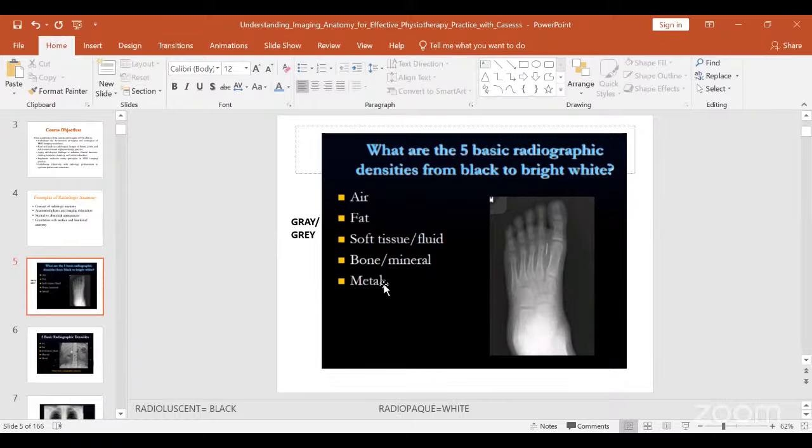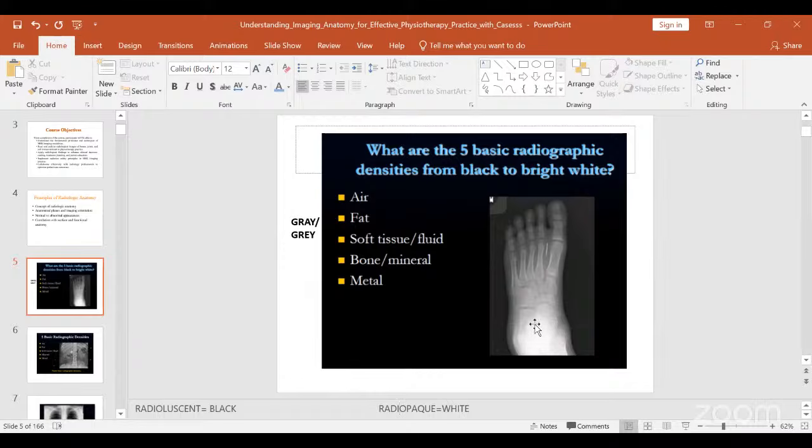So based on this, the 5 basic common densities seen on a plain X-ray radiograph for the various tissues are: the darkest structure that appears on the radiograph is air. Are we together? Then the whitest structure, or the most radio-opaque structure that we see on the radiograph, are bone, calcifications.